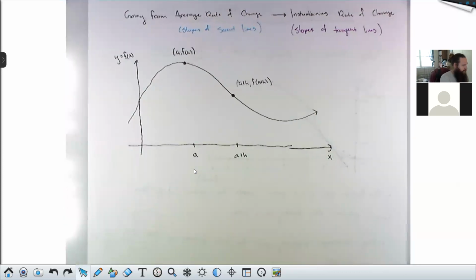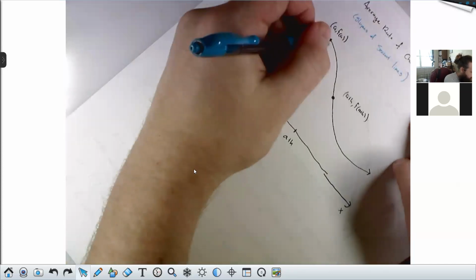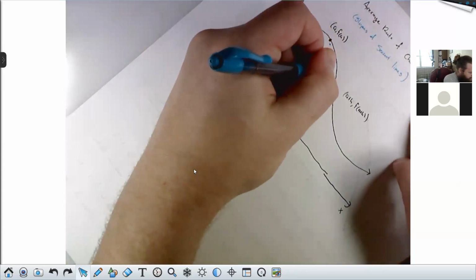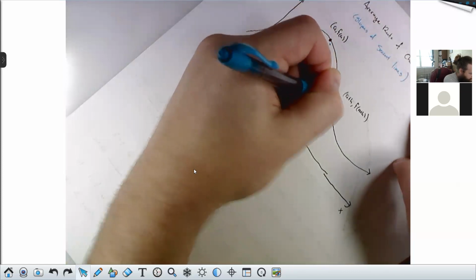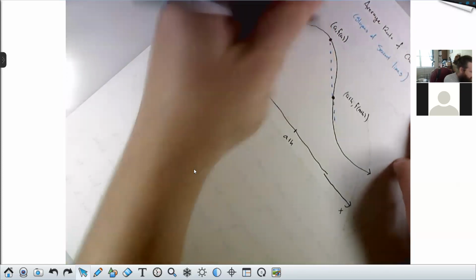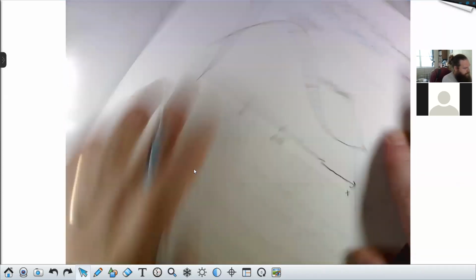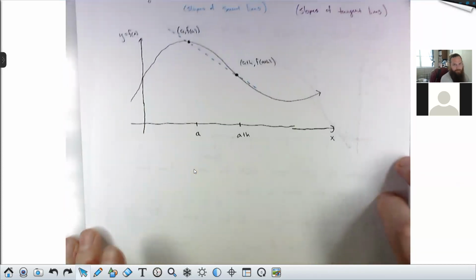Then I can draw the secant line connecting these 2 points. There's that secant line.